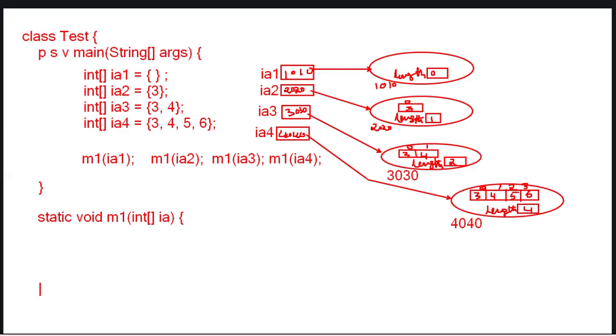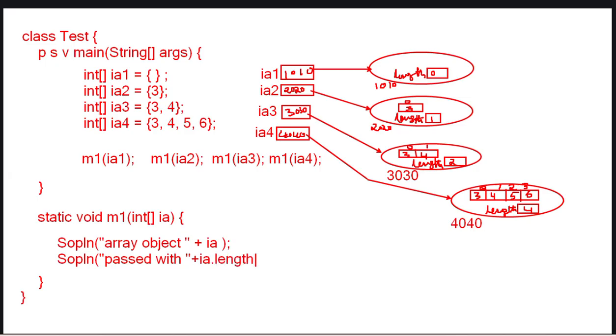Yesterday we wrote the logic: system dot out dot println, double quotes array object, plus IA, plus system dot out dot print, double quotes passed with, plus IA dot length, plus double quotes locations.